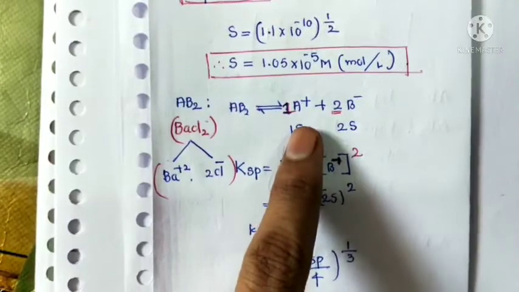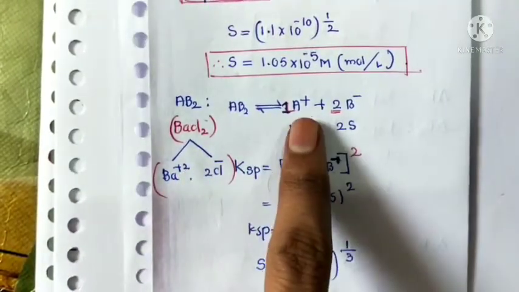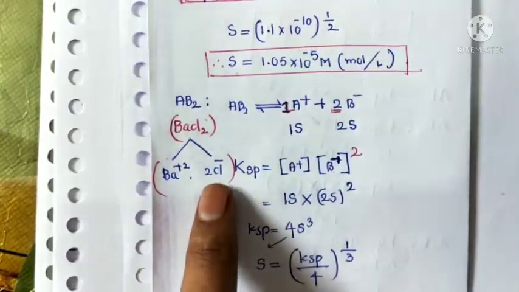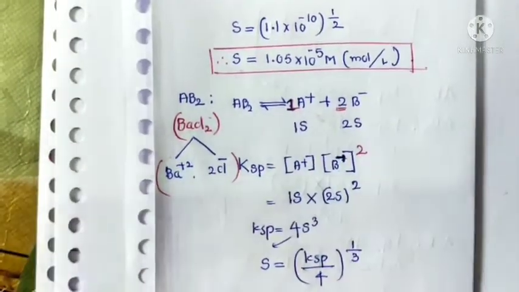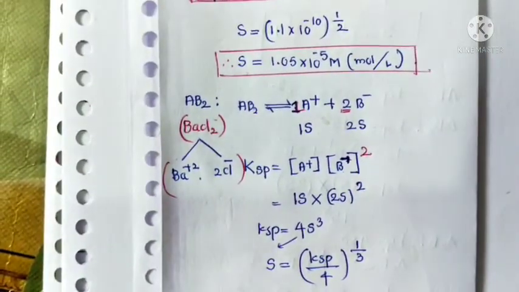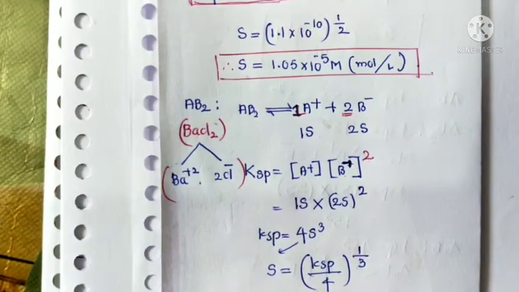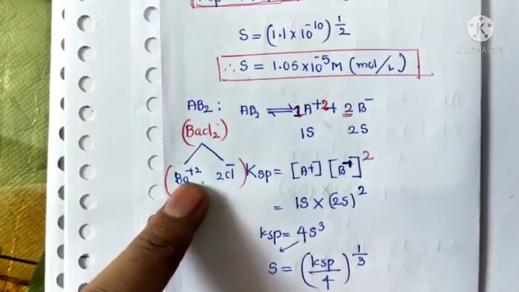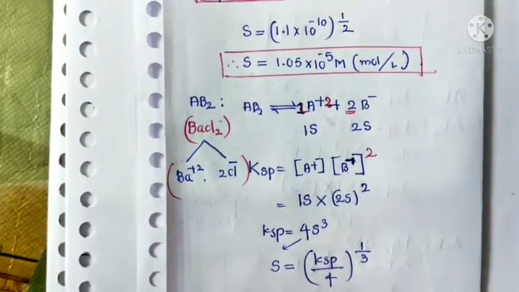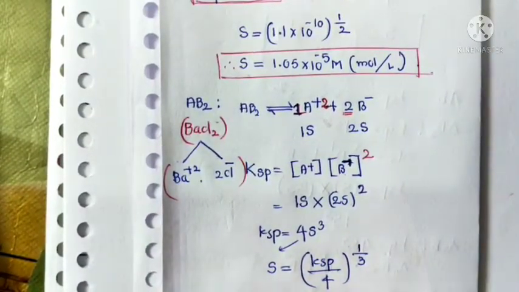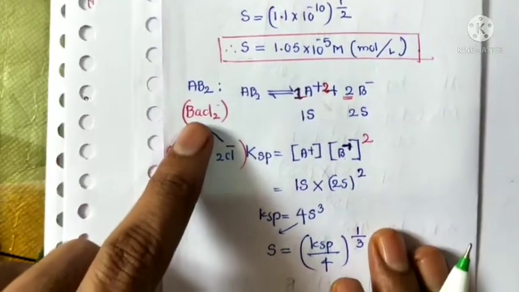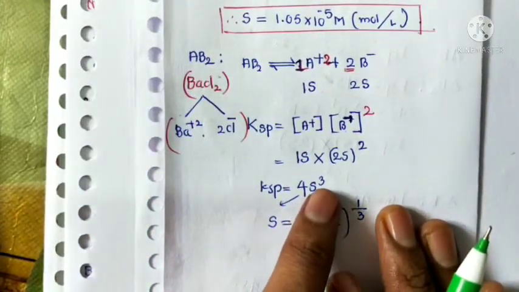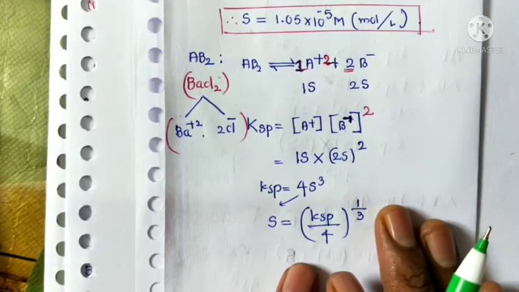So here barium plus 2 means A plus ions, next 2 Cl minus ions. Here is also plus 2, plus 2 means barium plus 2 ions. So barium chloride solubility product is 4s cube.